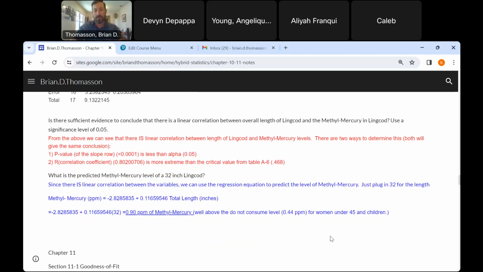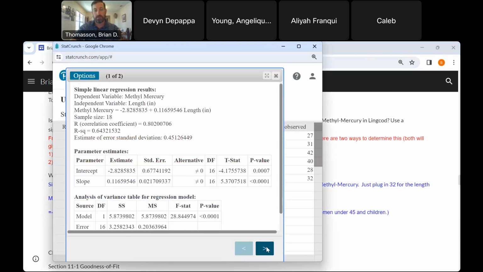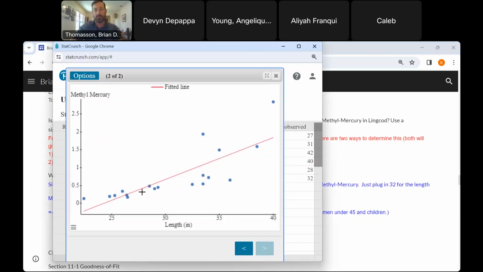Okay, so we can look at the graph. You can see as the fish gets bigger, the methylmercury goes up and up and up. For instance, if we had a 30-inch lingcod, that would have a methylmercury level around 0.6. That's supposed to be a straight line.